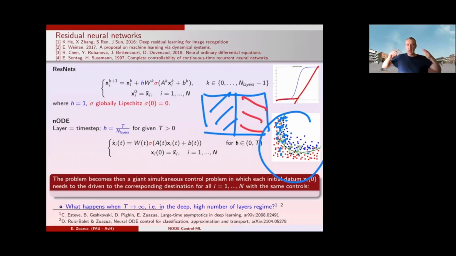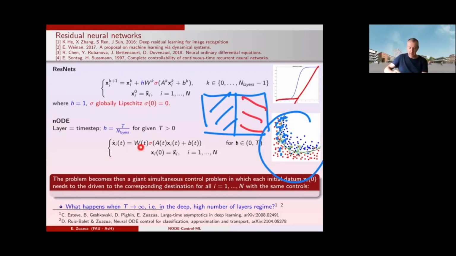The control has to achieve the simultaneous goal of driving each of them to the corresponding destination, okay? And as I said, in the context of the neural differential equations, where the time-discrete dynamics becomes a time-continuous dynamics, now the controls b(t), a(t), and w(t) depend on time continuously, right?